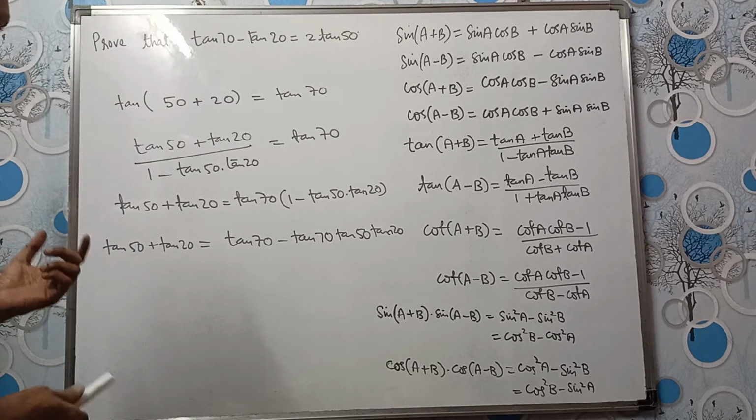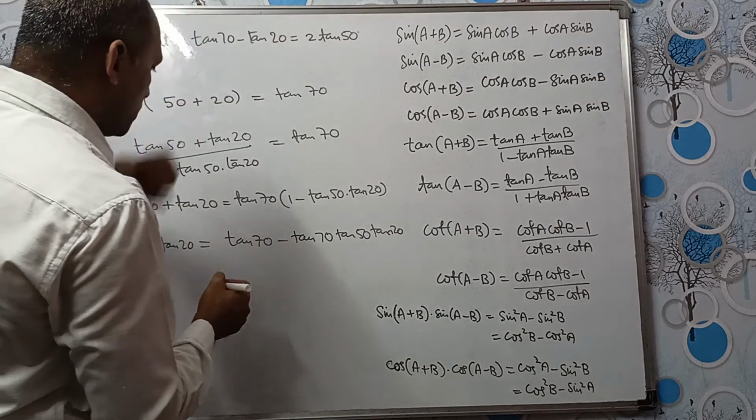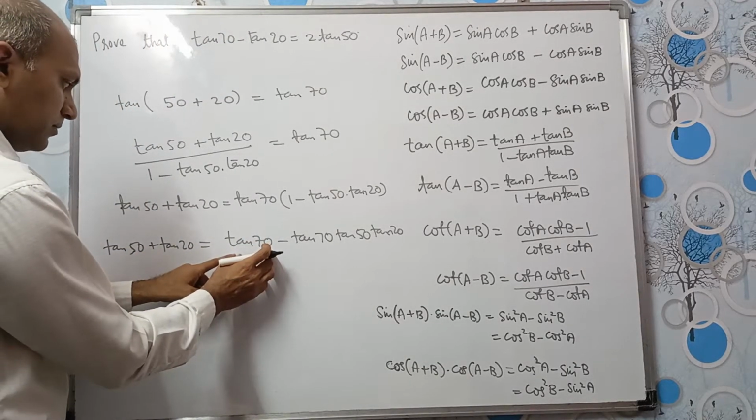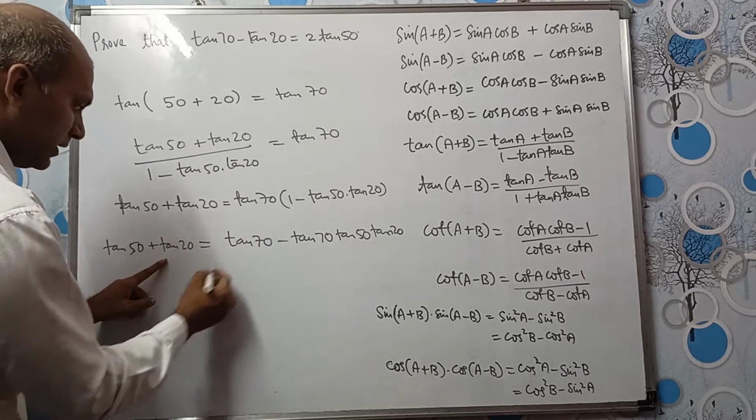Now see here, we need 70 minus 20, so 70 is here, minus 20, so let us send tan 20 this side.